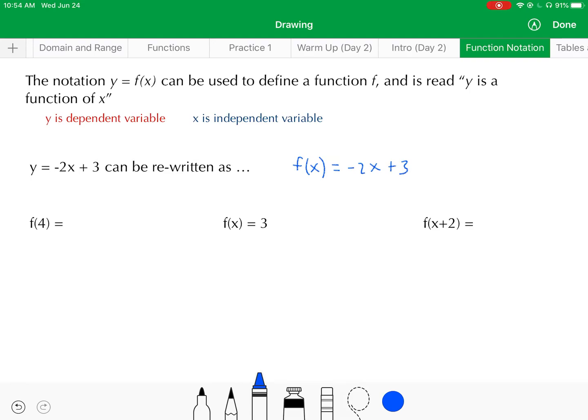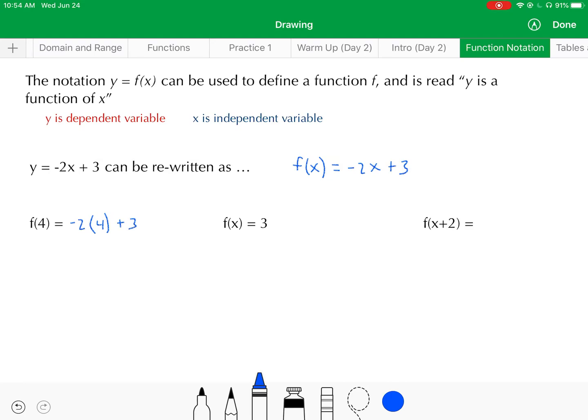So let's say we're trying to find f of 4, okay? That means evaluate the function with an x value of 4. Notice instead of f of x, we have f of 4. That means the x has been replaced with 4. Therefore, over on the other side, negative 2x plus 3 now needs to become negative 2 times 4 plus 3.